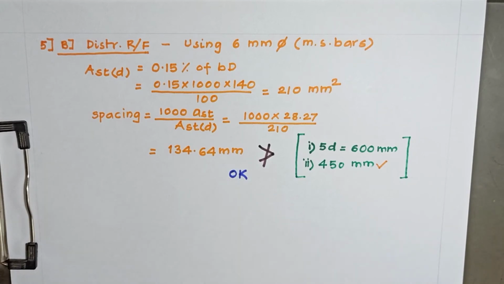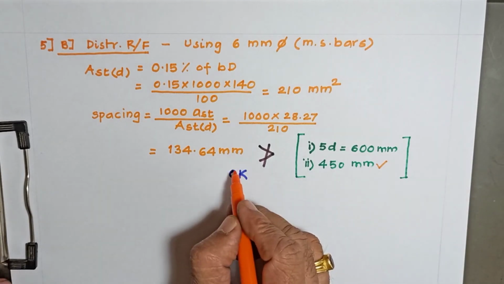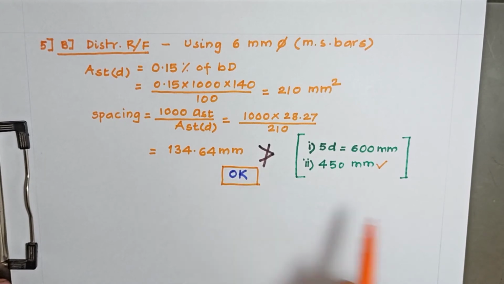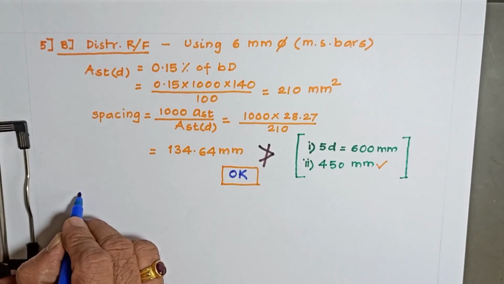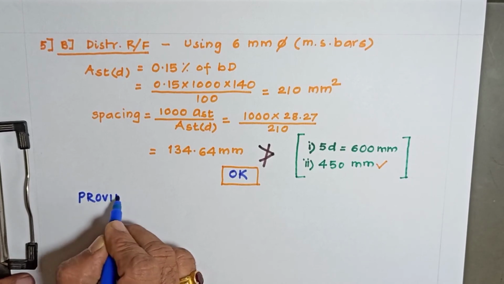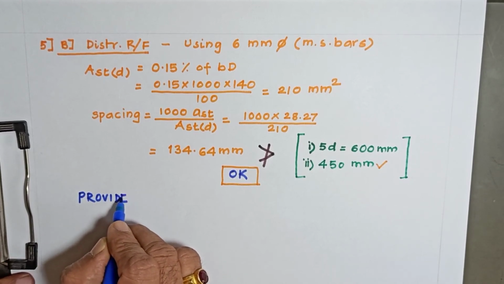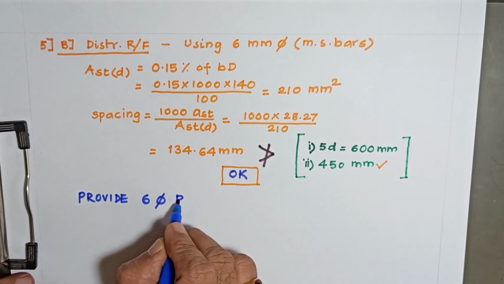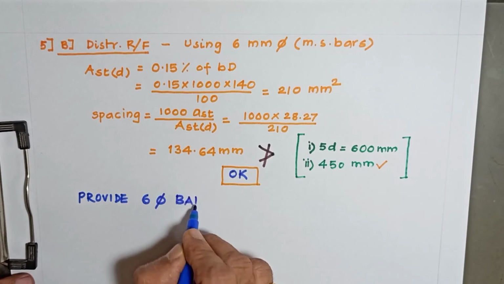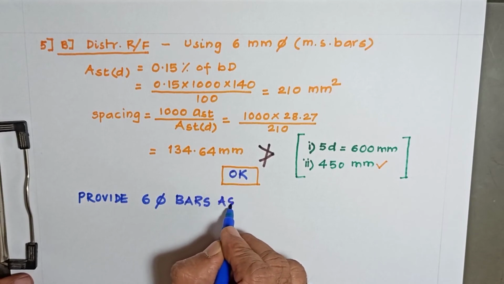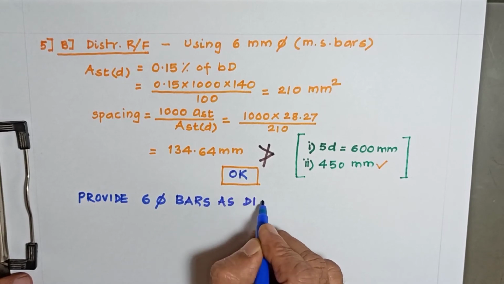And now you can say, provide 6.5 bars as distribution reinforcement.